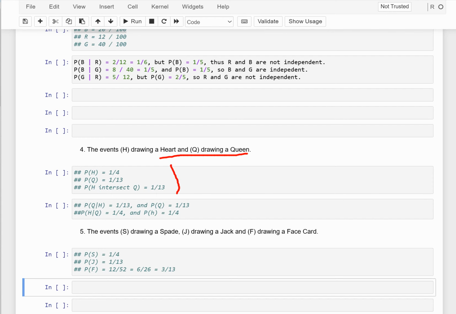Drawing a jack and drawing a face card, that won't work. Why? Because the probability of drawing a jack is 1/13, but if I know that I've already drawn a face card, it's 1/3. So J and F are not independent. And what about S and F? Well, it turns out those are independent, and you can double check that to see.